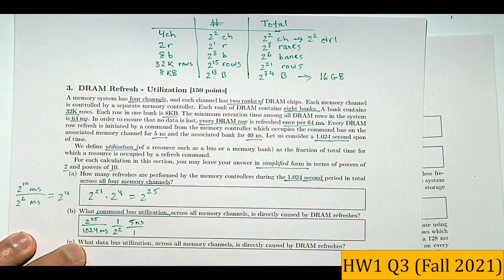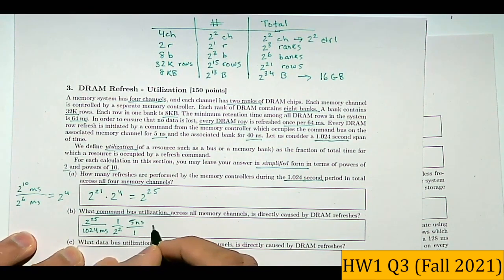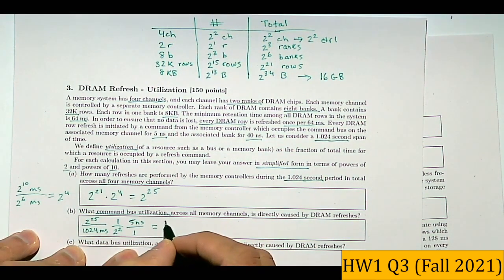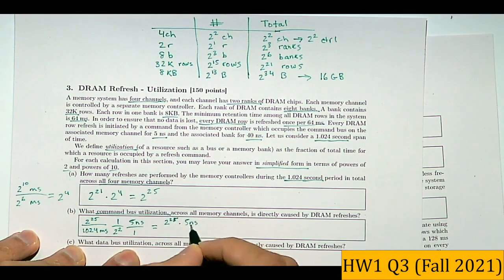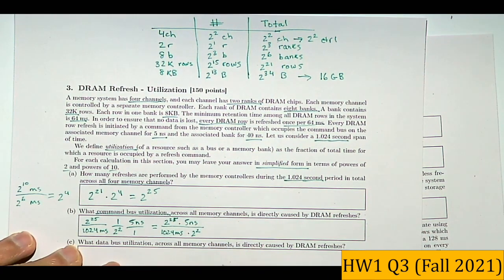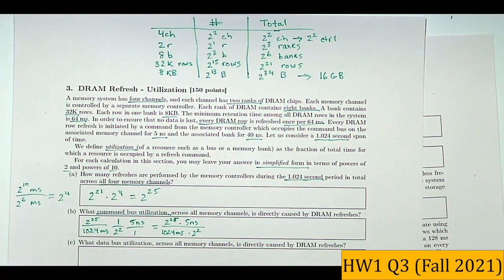And so this is a unitless quantity, which is what we're expecting. And so then we can just leave our answer like this. We can leave it as 2 to the 25 times 5 nanoseconds over 1024 milliseconds times 2 to the 2, right? And so that's the answer to that part. And you could go ahead and simplify if you wanted to. You could divide these powers of 2 and convert the time units to the same quantity, but it's correct as is.